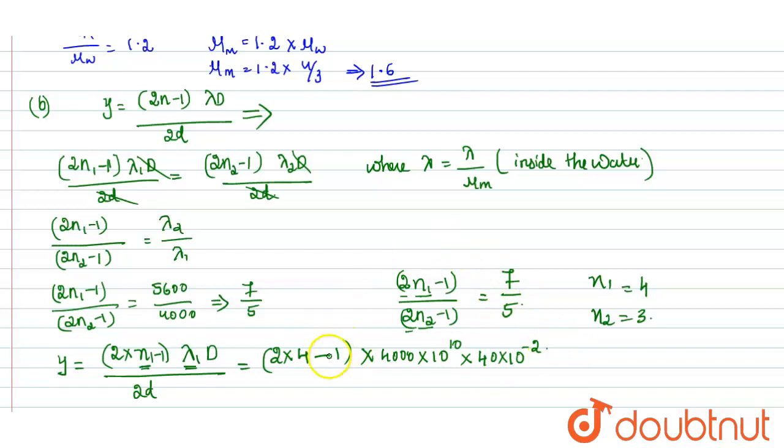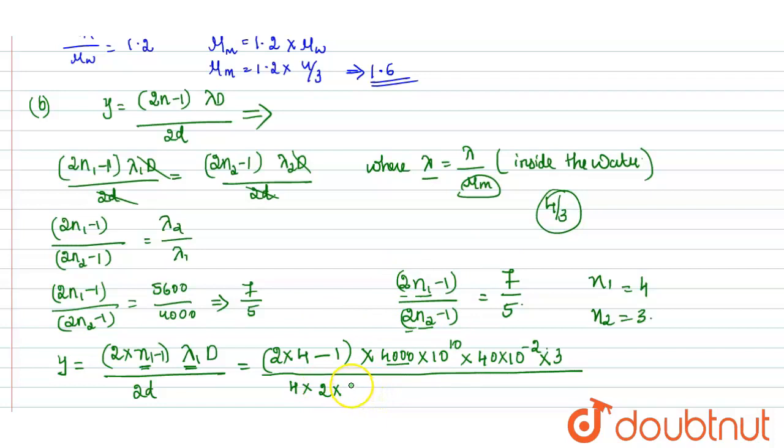When we are considering lambda here, if the whole setup is inside the water, lambda is equal to lambda divided by mu m. So this entire equation must be divided by mu m, that is, the mu m value is 4 divided by 3. So into 3 divided by 4, into 2 into small d, that is 2 into 10 to the power minus 3.